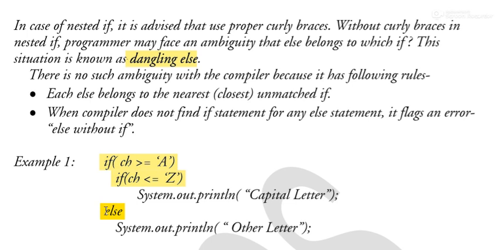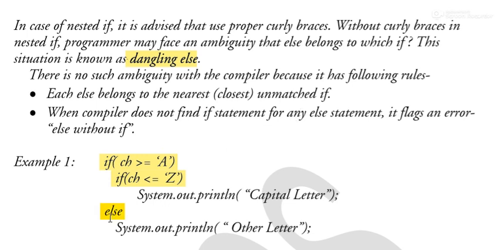In this writing pattern, it seems that else belongs to the first if, but it is not. But this type of confusion or ambiguity is not there for the compiler because it has predefined rules. First rule: each else belongs to the nearest or closest unmatched if.